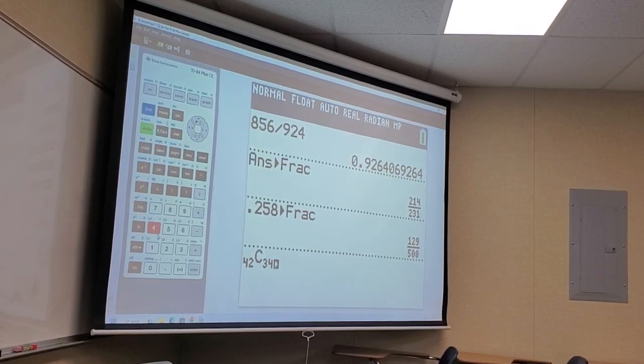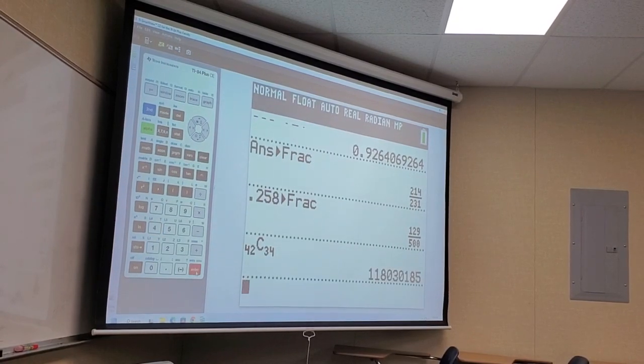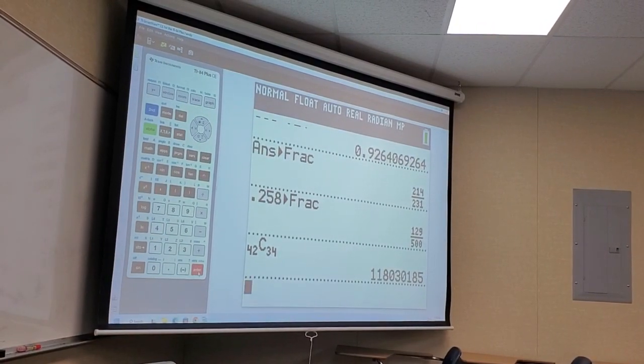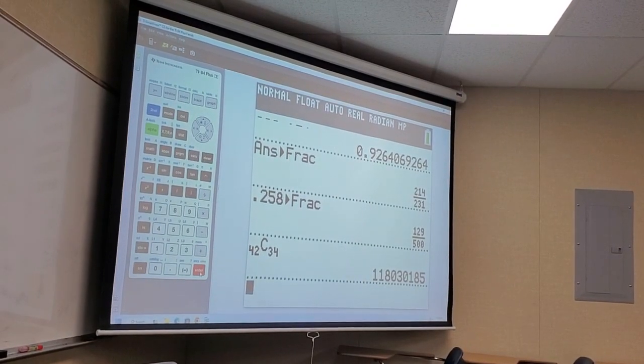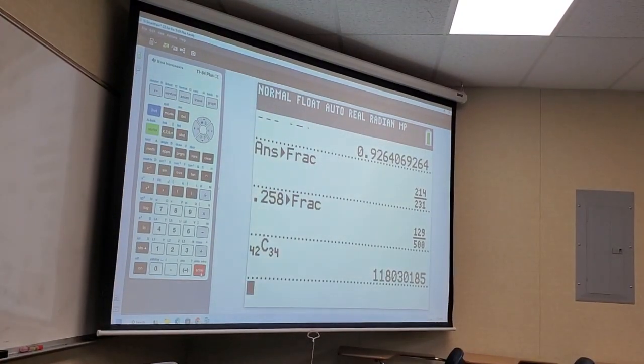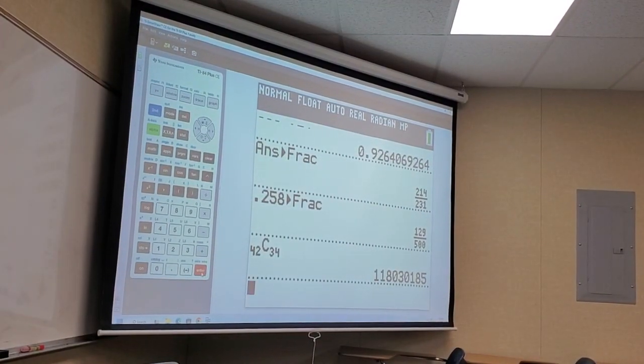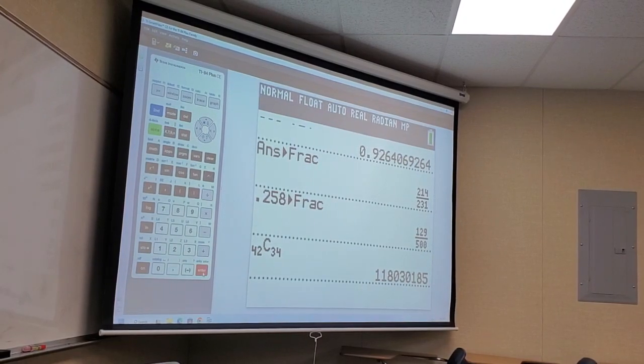So if I put this in the calculator, let me see if I made something that's too big. Oh, thank God. That is how long this list would eventually be if I made it. What number is that? 118 million. If I continued this list, there would be 118 million, blah, blah, blah, entries in this list. Do you understand?